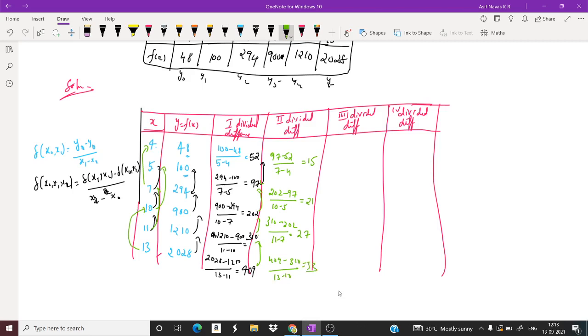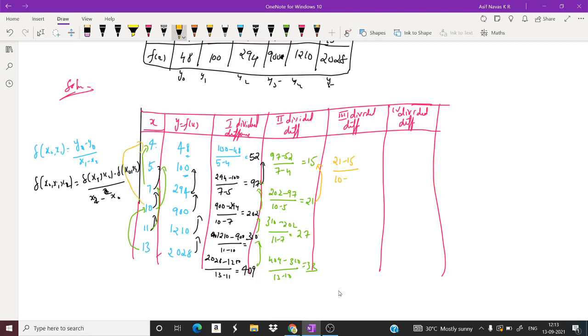Now the next divided difference is the same. What we will do is this minus this, that is 21 minus 15 divided by x3, 10 minus 4.